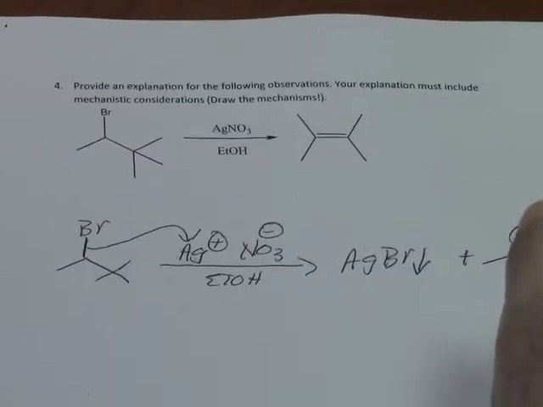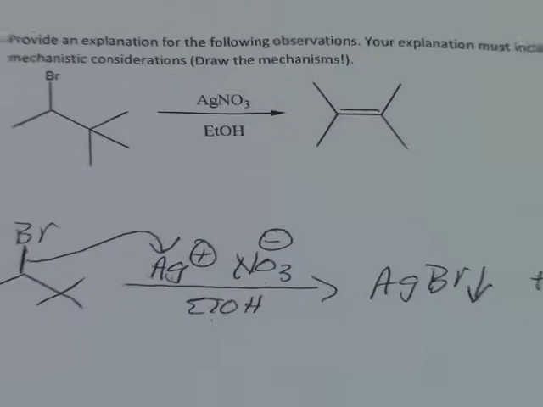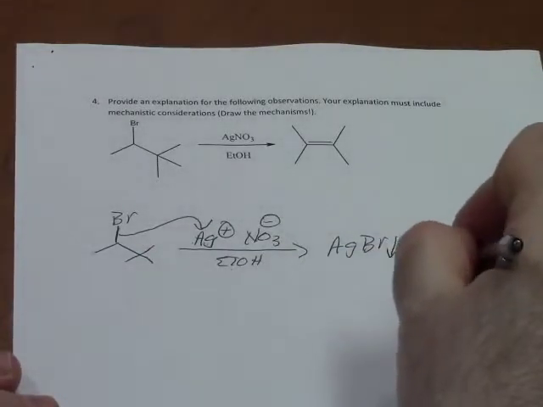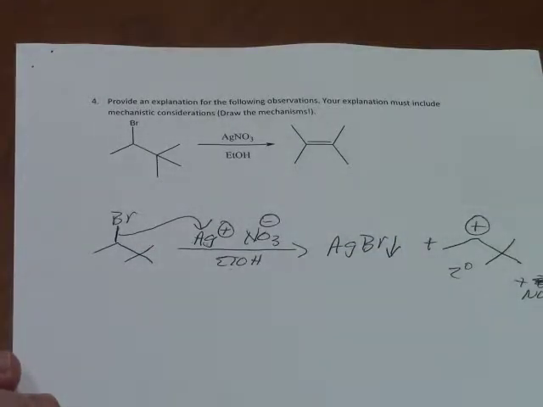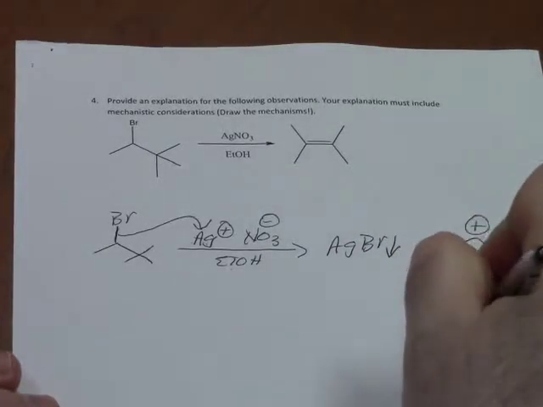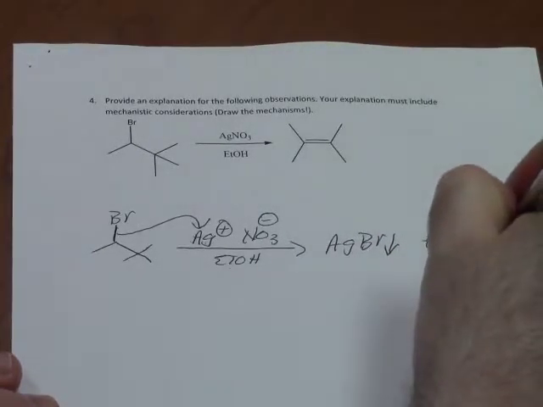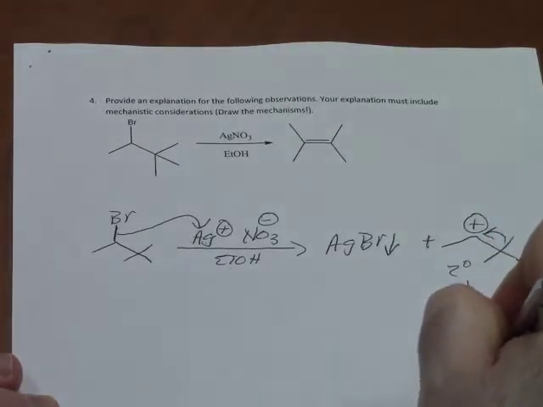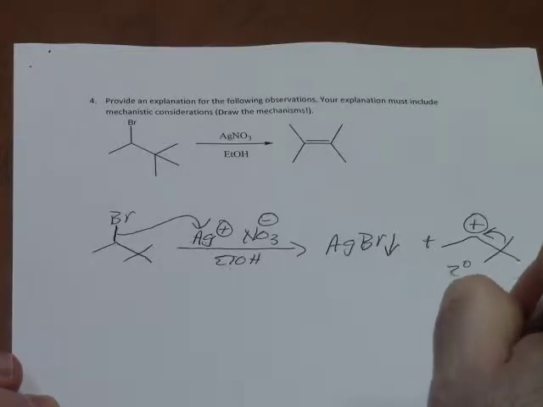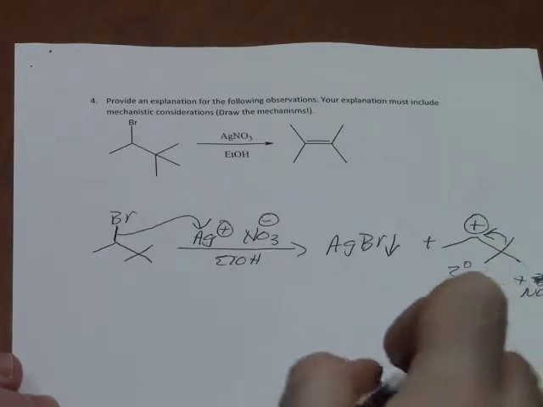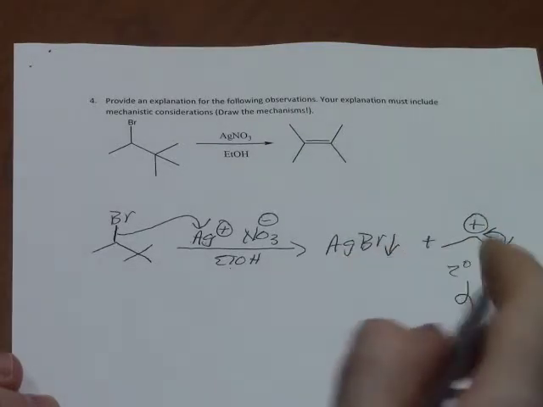plus the nitrate. And it turns out that nitrate is not a good nucleophile because of all the resonance structures. And so I end up with a secondary carbocation that will rearrange to a more stable tertiary by a methyl shift. So the one that I've got bolded there is the one that shifted.